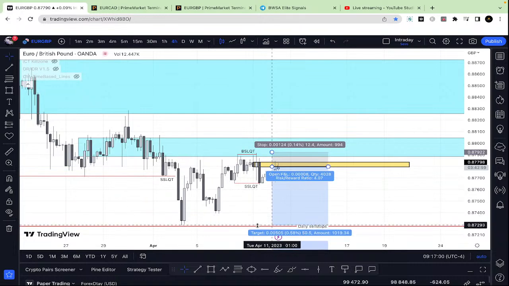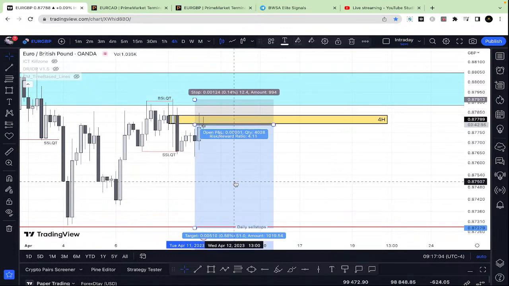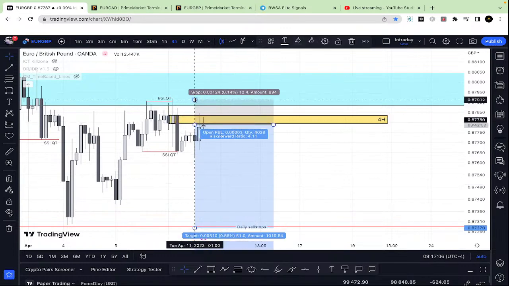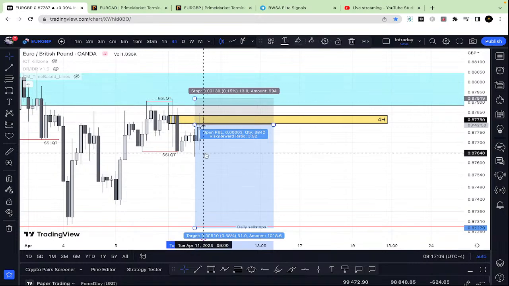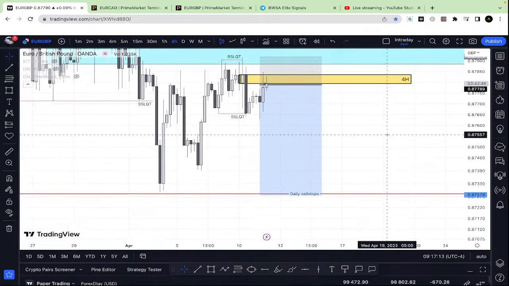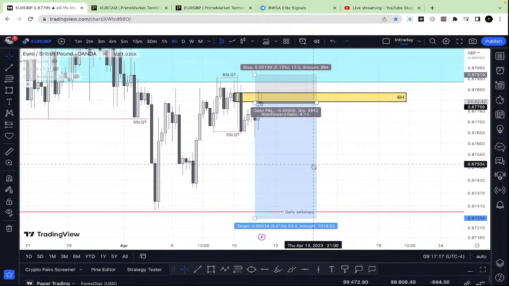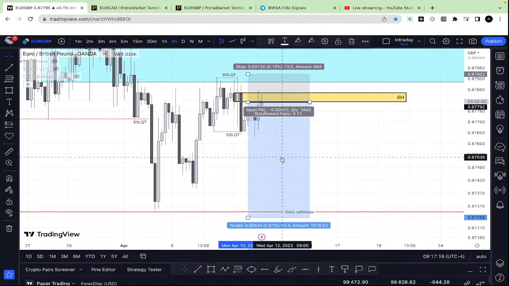I might have to just call the market execution. We could do this one for 4% and not stay in it very long. Stops just above this high right here. A lot of context for this trade. 1 to 4 right here. That's fine. I'm fine with executing this trade because of the amount of confirmations that are here.